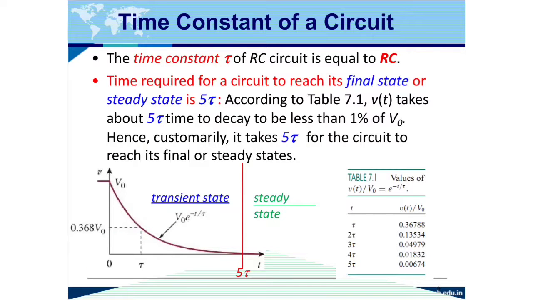The time constant of an RC circuit is equal to the multiplication of resistor and capacitor. The time required for a circuit to reach its final or steady state is 5 times the time constant.